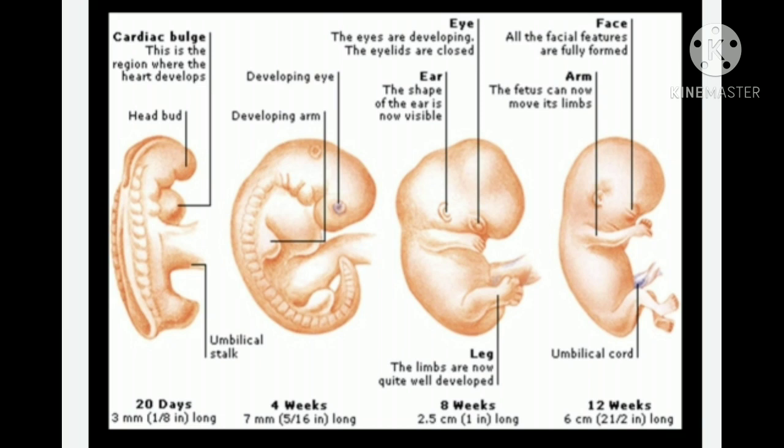Here, from the given figure, you can see how the fetus looks throughout the pregnancy. How it looked at 20 days, at 4 weeks, at 8 weeks and 12 weeks. We will learn a little bit about it.